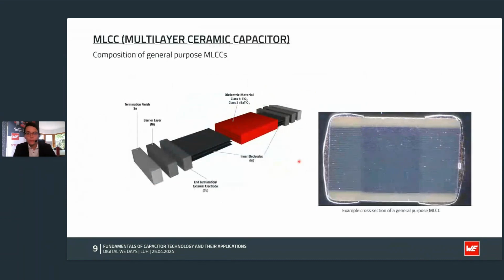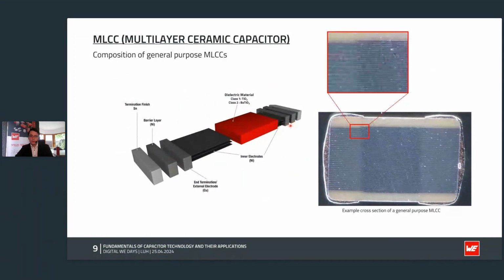So let's talk a little bit more in detail about MLCCs. What I show here is the inner construction of an MLCC with the termination finish, the barrier layer, and then also the end termination or the external electrodes based on copper. And then you can see in the middle the dielectric material, which for class 1 is based on titanium dioxide, and for class 2 is based on barium titanate.